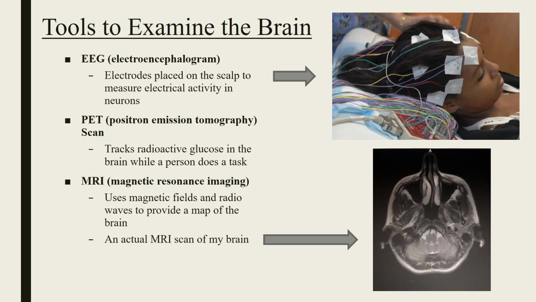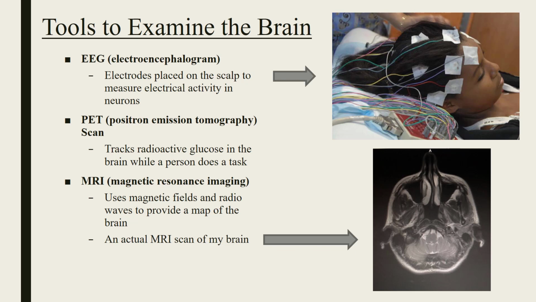So there are several tools that you can use, and we're going to talk about three of them here. The first is called an electroencephalogram, and it's abbreviated EEG. This is when electrodes are placed onto the scalp to actually measure electrical activity in neurons. It might look kind of crazy if you look at the patient here on the other side of the screen who's got all these little things attached to her head and all these wires.